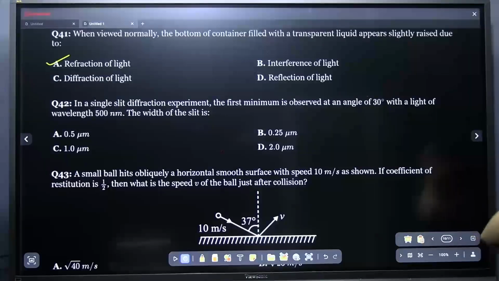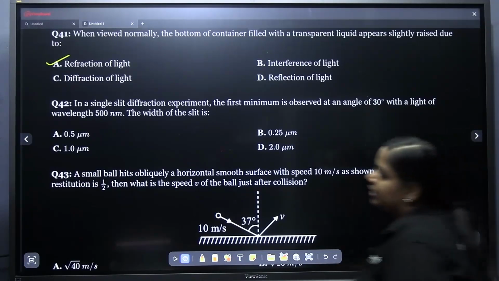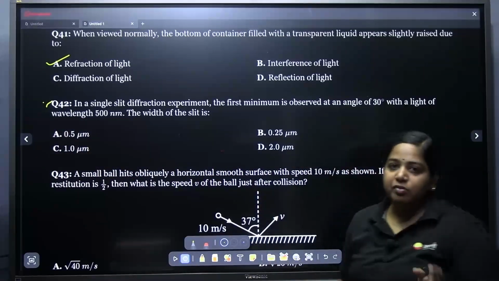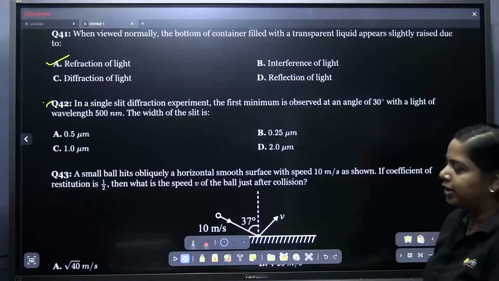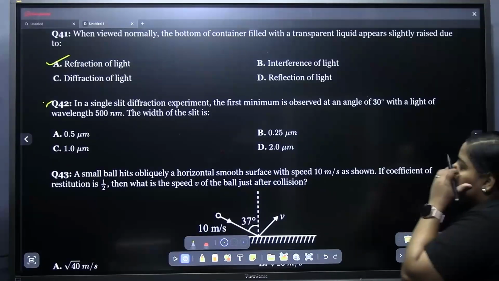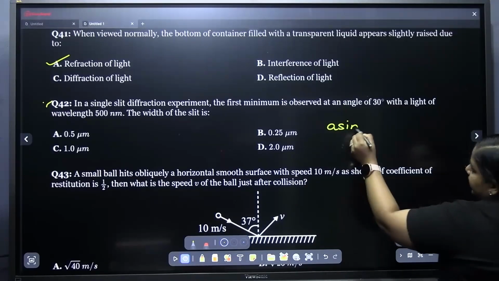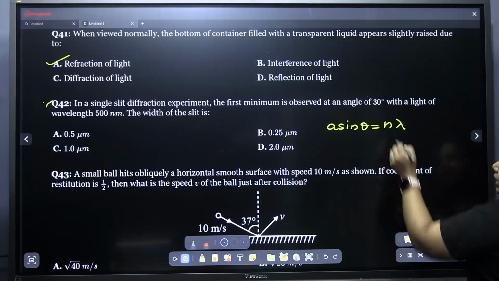Next, 42. In a single slit diffraction experiment, the first minimum is observed at an angle of 30 degrees with light of wavelength 500 nanometer. The width of the slit is? Actually, we did the same question as a PYQ in the wave optics chapter. You guys had not joined because of the KCT exam. In this diffraction experiment, a sin theta equals n lambda.